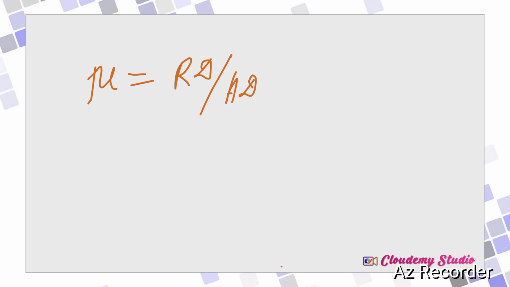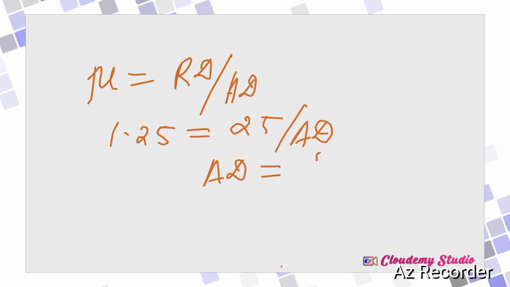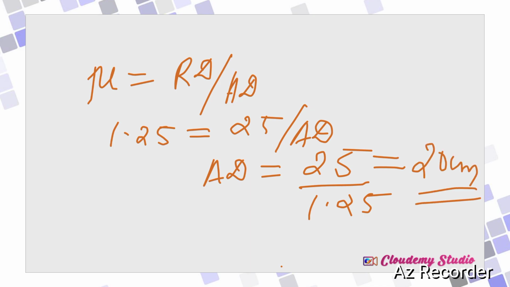It is given that the refractive index is 1.25, so 1.25 is equal to the real depth, 25, divided by apparent depth. In order to calculate the apparent depth, we need to divide 25 by 1.25, which is equal to 20 centimeter.